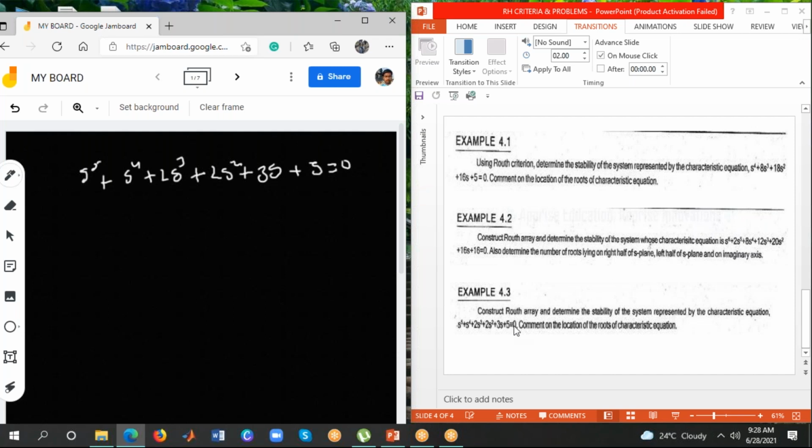Now comment on the location of the roots of the characteristic equation. So this is the question they asked.